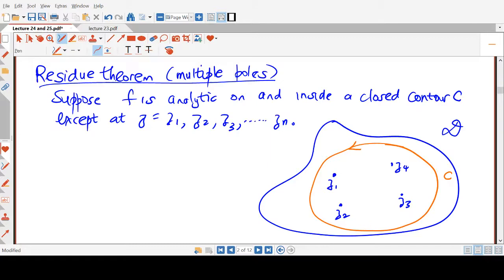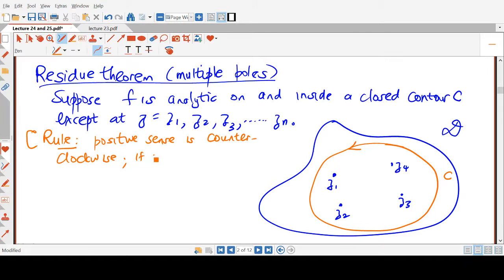We know the positive sense of the rotation is that. Direction is important. Okay, so let me write down this rule. Positive sense is counterclockwise. Also, if we walk on a contour, the region is always on our left.